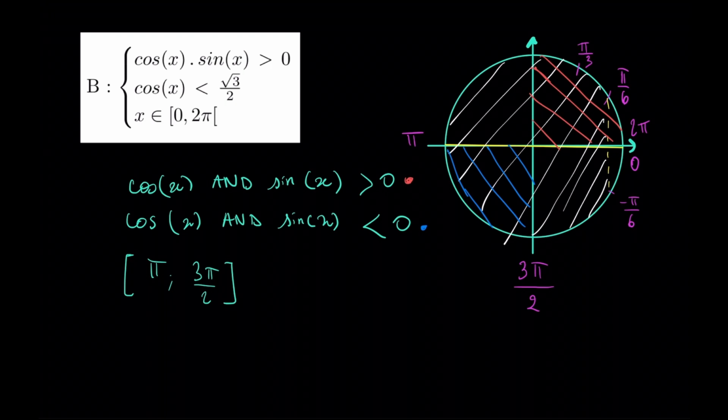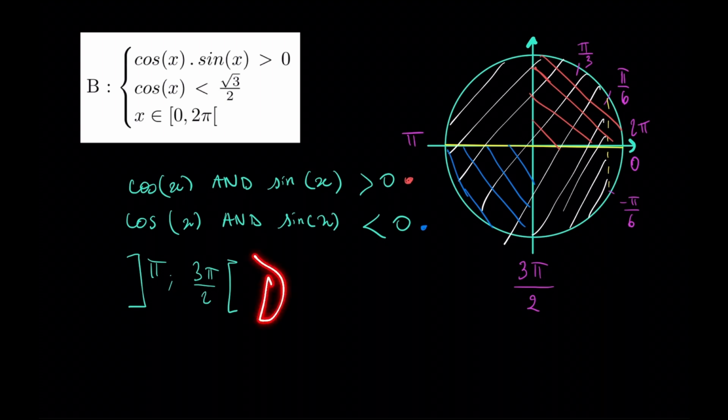Like so, we have to exclude both values because it's a strict inequation. We don't have an equal sign. So this belongs to this quadrant.